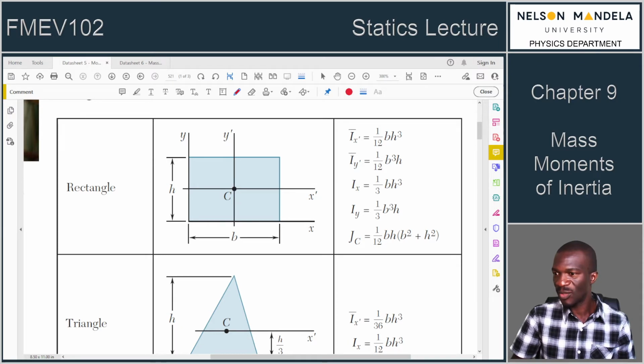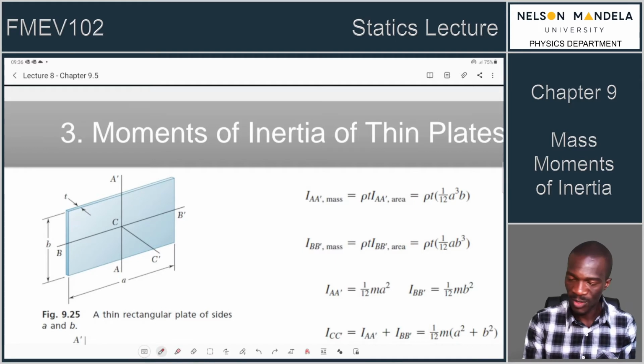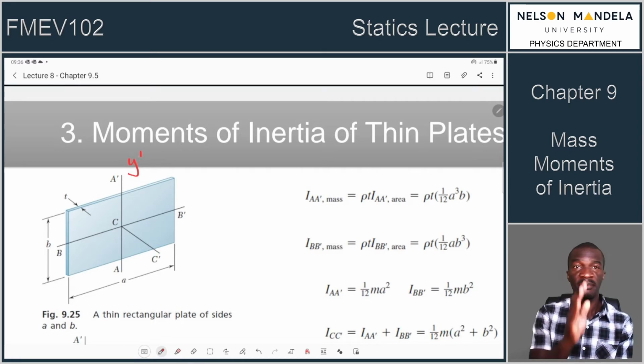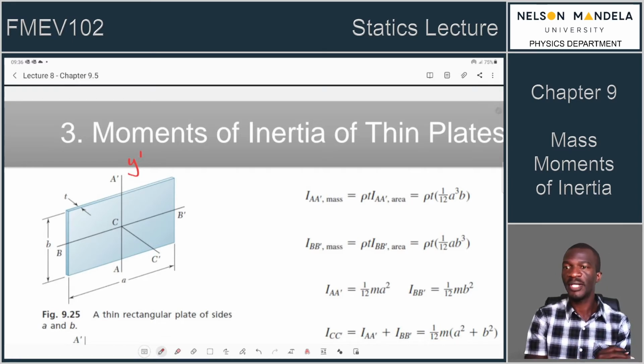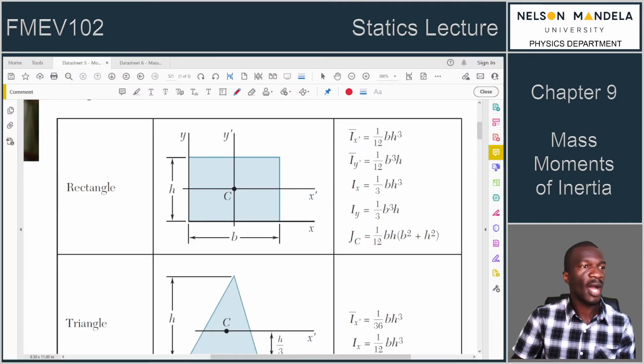So let's just recall that. Remember, this is our drawing. According to the other table that we saw, this would be the y prime axis. Remember, it's passing through the centroid. So let's find the centroidal y moment.